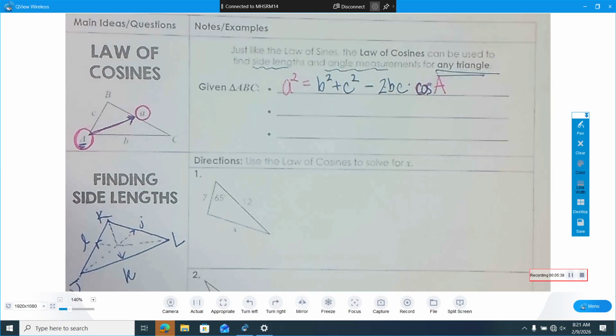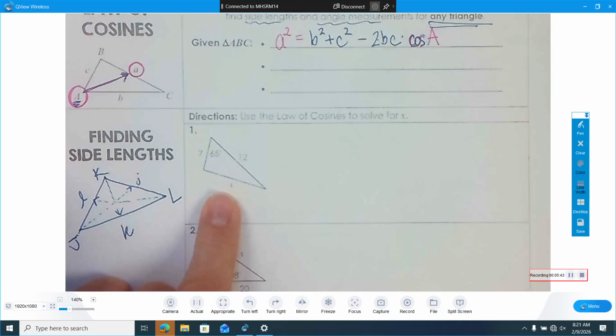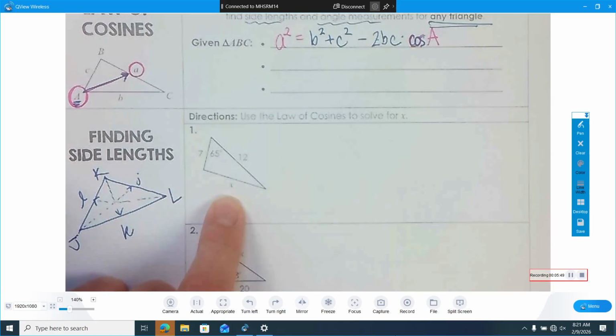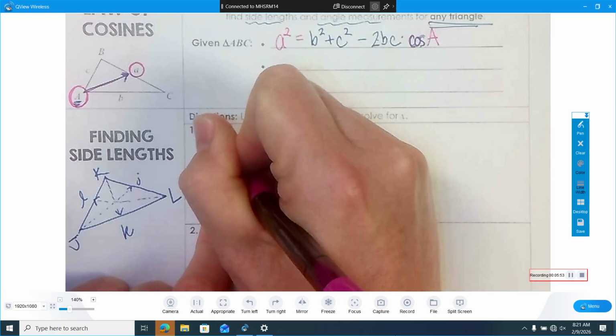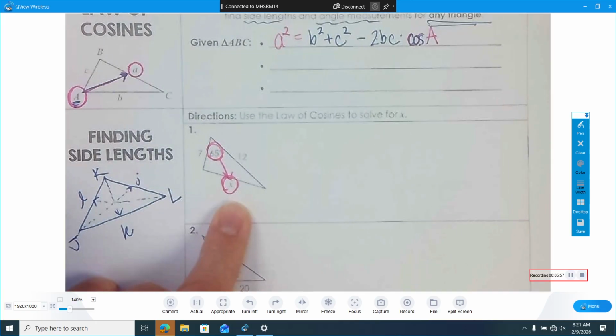Okay, so we're going to use law of cosines here on number 1, and you'll catch on really fast. I need you to follow along with the calculator because this is the big part here. Do we have an angle and an opposite side info? Yes, we have an angle and opposite side right there, what we're looking for. All right, I want you to circle those and connect them, please.